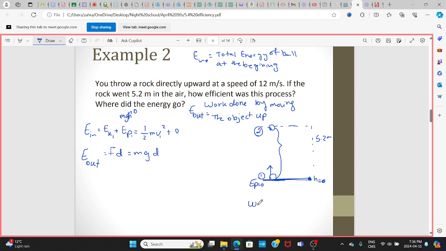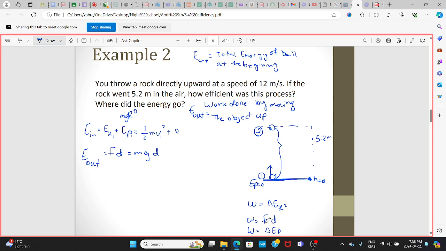Okay, I could say that the output energy is the work done from here to here, right? The useful work. And work is change in kinetic energy. Or I could say that work is force multiplied by the displacement. Or I could use that work is equal to change in potential energy.